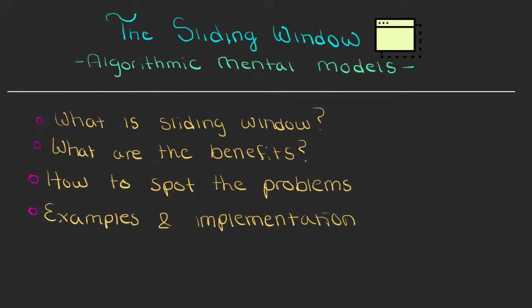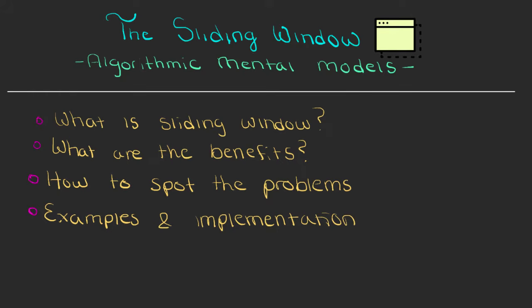We don't want to memorize an algorithm. We don't want to memorize a solution. We want to memorize the mental model, or at least understand the mental model from a more conceptual point of view. That way we can apply our knowledge to a broad range of problems. That's exactly what I want to ingrain into the brains of those watching this video.